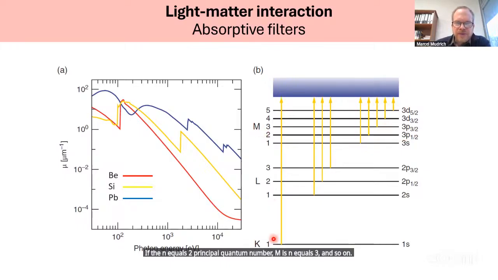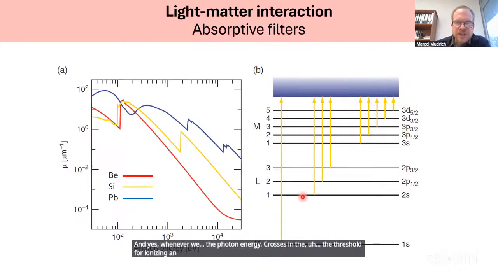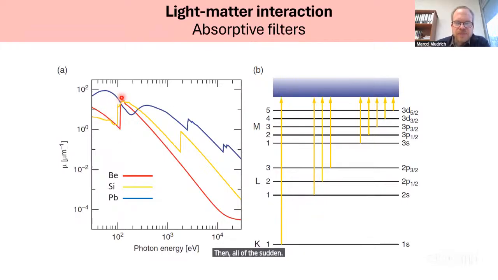Whenever the photon energy crosses the threshold for ionizing an electron out of one of these shells, all of a sudden a new channel opens where electrons can be ionized, and the material can absorb photons by ionizing electrons into the continuum.